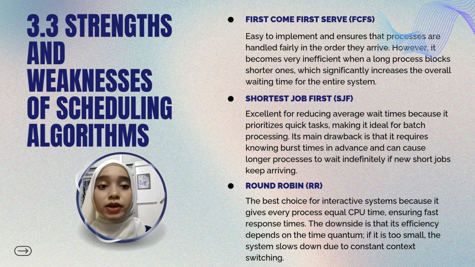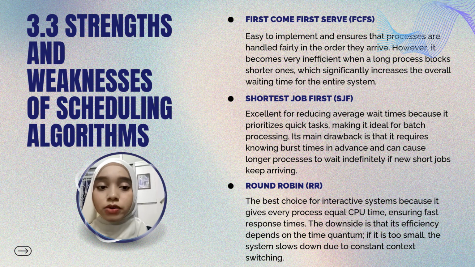Now, let's look at the strengths and weaknesses of scheduling algorithms. First, first come first serve is easy to implement and fair, but it can cause long waiting times. Next, shortest job first gives the best average waiting time, but it may cause long processes to wait too long.